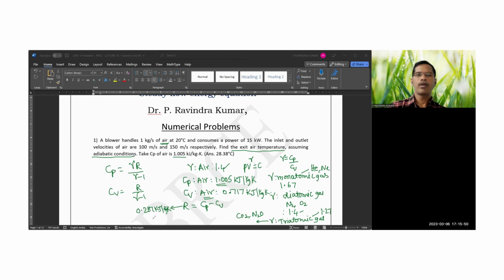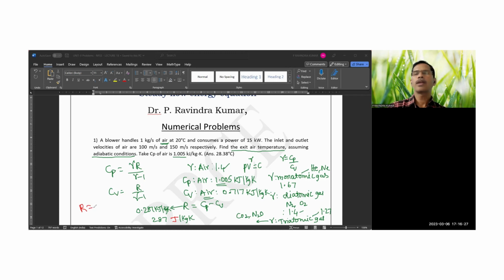Or it may be 287, sorry, it is joule per kg Kelvin. 287 joule per kg Kelvin.